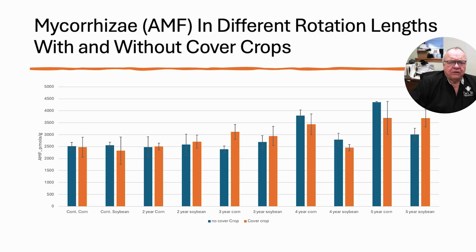Mycorrhizae are one of those indicators for our fungi. As you know, mycorrhizae extend the rooting system of a plant, and are often destroyed by tillage. What we found was that in continuous, 2-year, and even 3-year rotations, we didn't see a big difference, slightly in the 3-year, but in the 4- and 5-year rotations, that's when we really started seeing differences in mycorrhizae in both corn and soybean.